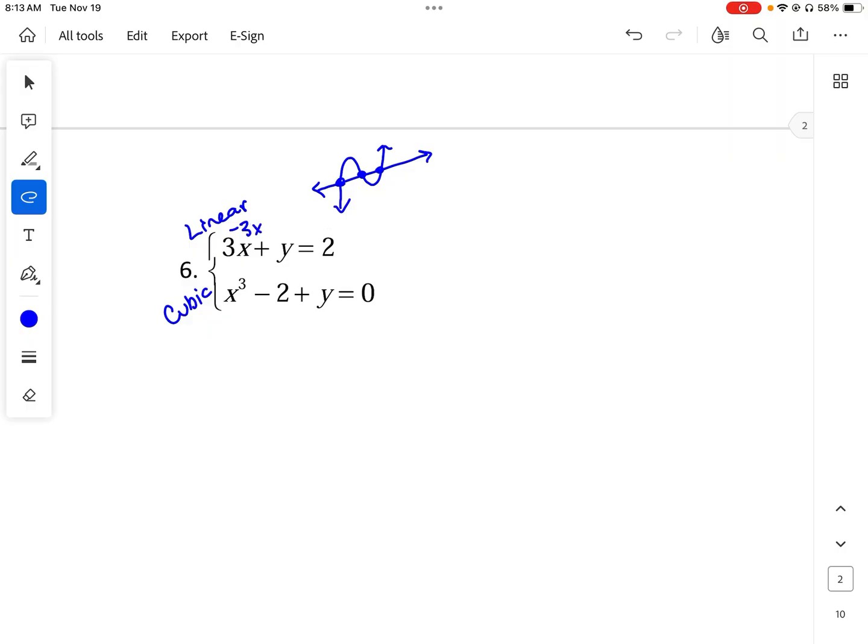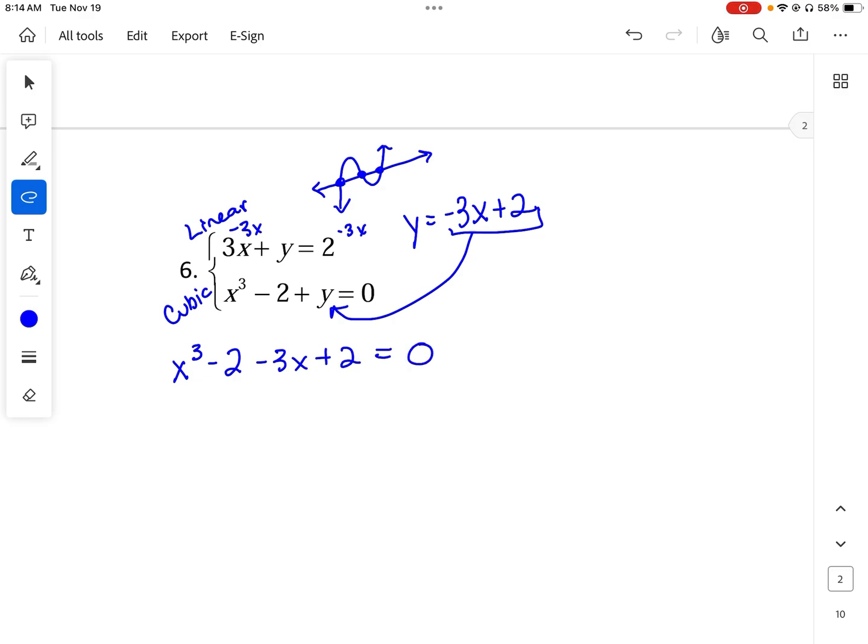I'm going to move this 3x over to the other side to find out what my linear is. And then I'm going to plug this in for the y right here. x cubed minus 2 minus 3x plus 2 equals 0. x cubed minus 3x.